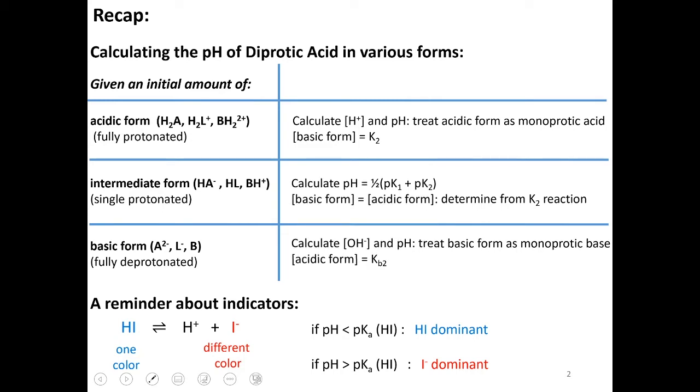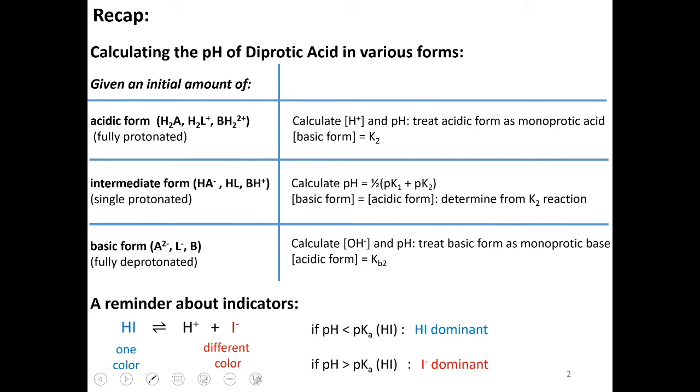We just add the 2 pKa values together and then divide by 2. To calculate the basic or acidic form that's produced by these reactions, you actually have to do some math, which we went over last lecture. However, once you've calculated one, you've calculated the other because these two are going to be equal. And all of these points are going to be important as we go through the diprotic titration later.